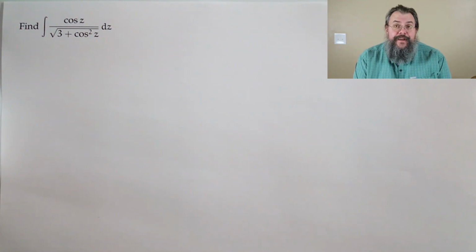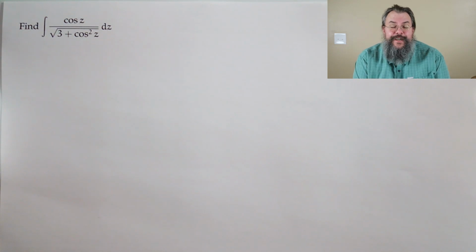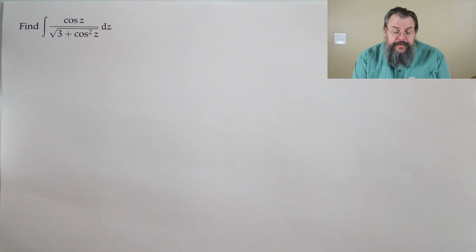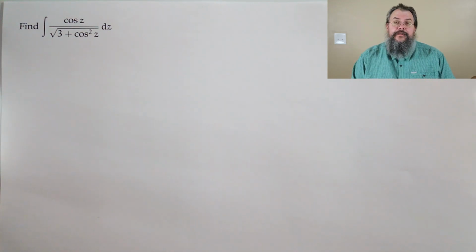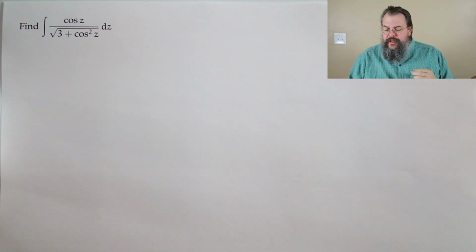And this one will probably make us say, huh, it's already trig, isn't it? How do we do a trig substitution when it's already trig to begin with? Well, let's think about it. Now, one of the things that we spot is, ooh, I see a cosine z dz.